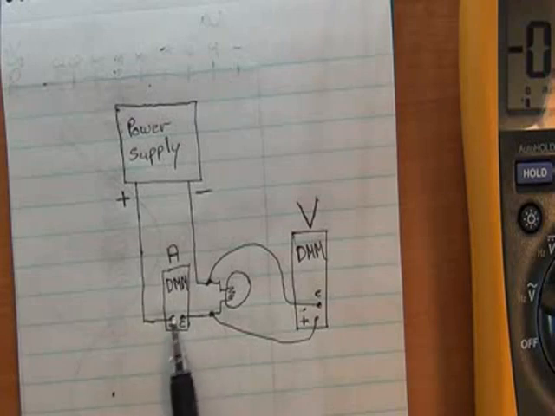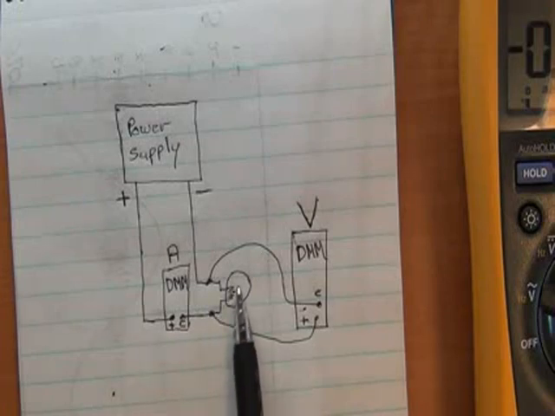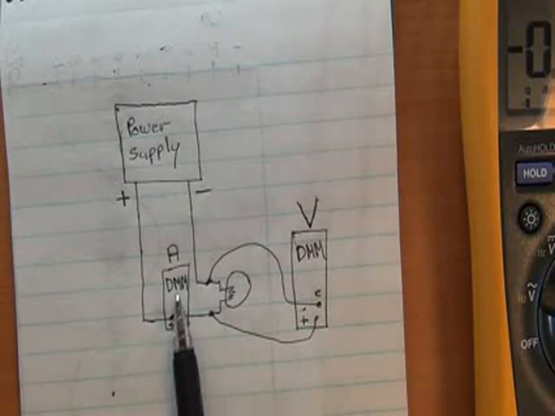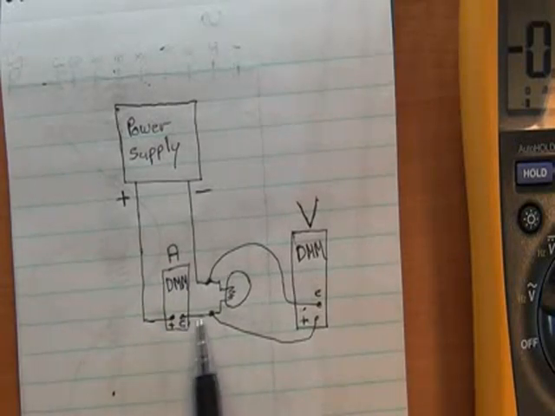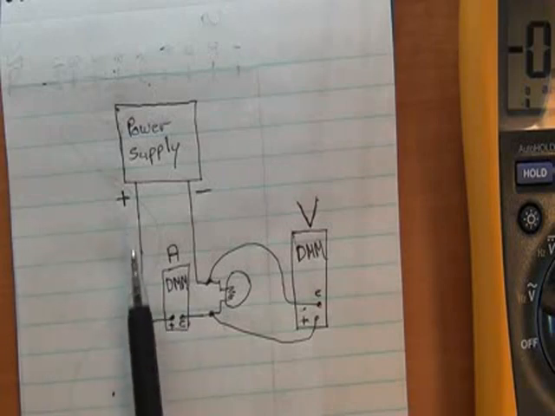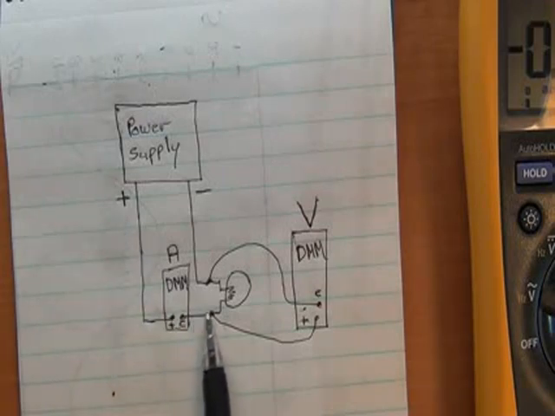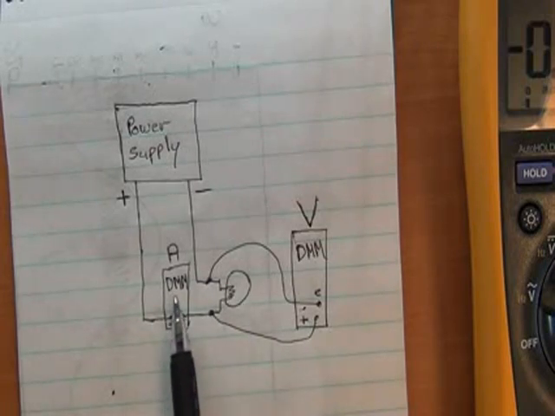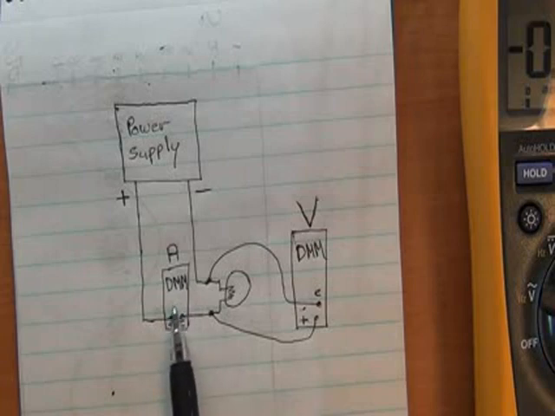That common is feeding the positive feed out to our light, and it goes through the light and back to the power supply. But as you can see, your digital multimeter forms part of that circuit. All that current which you're trying to measure, which is flowing through your light source, has to flow through your multimeter. Your multimeter here in essence has a very low resistance to that flow of electricity.